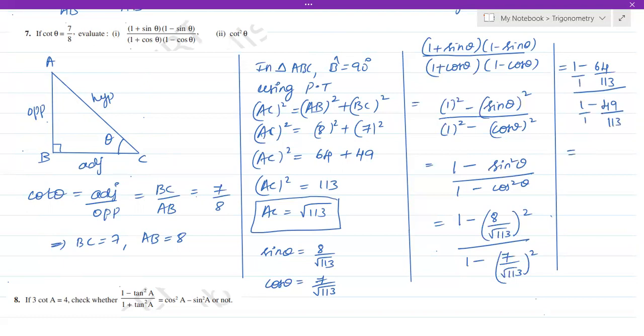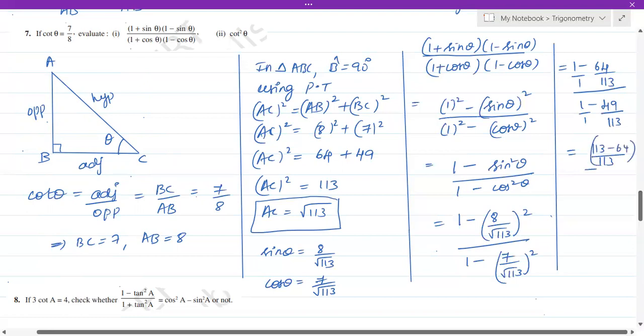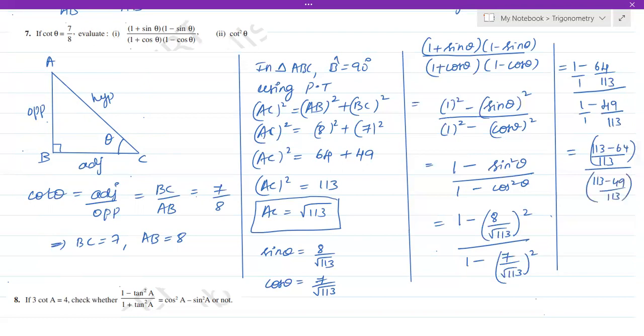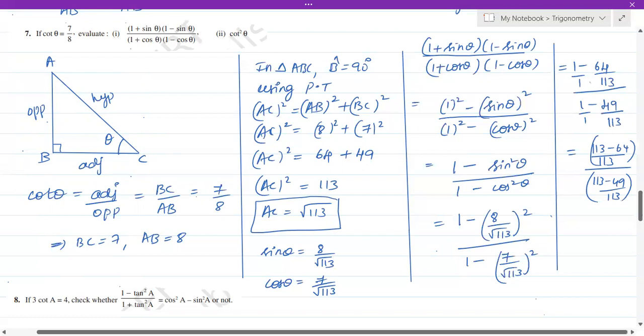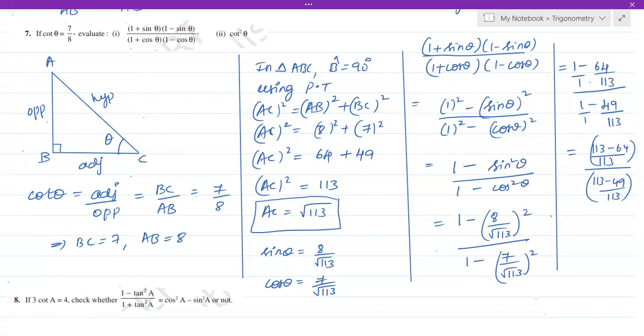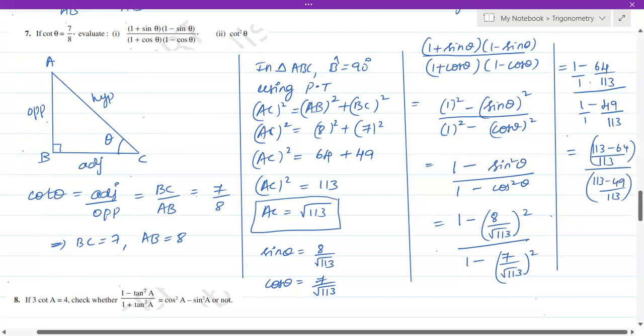Let's take LCM. The LCM of 1 and 113 is 113. So it becomes 113 minus 64 divided by 113, over 113 minus 49 divided by 113. You can also use the shortcut method, that is, multiply the denominator: 1 into 113 is 113, then cross multiply, 1 into 113 is 113, 1 into 64 is 64. You can do it like that.